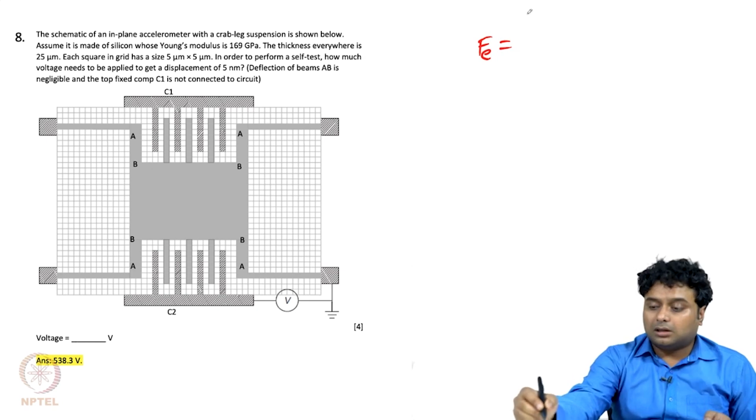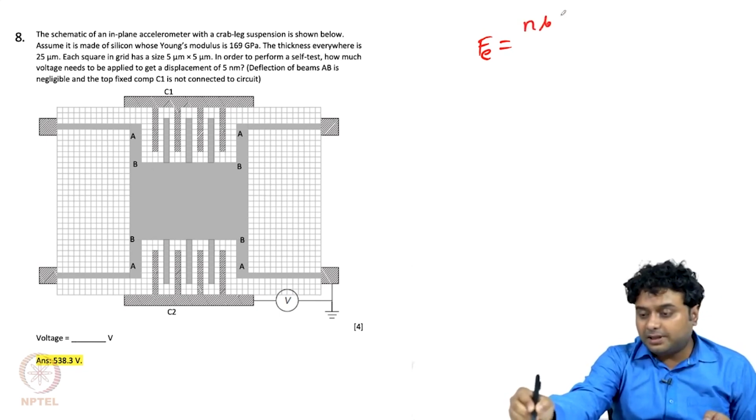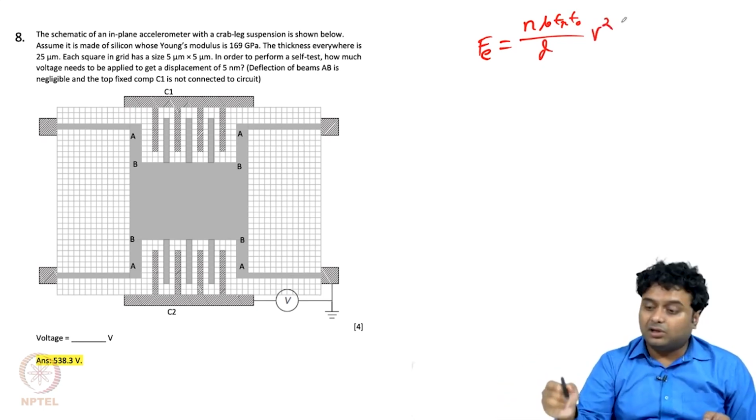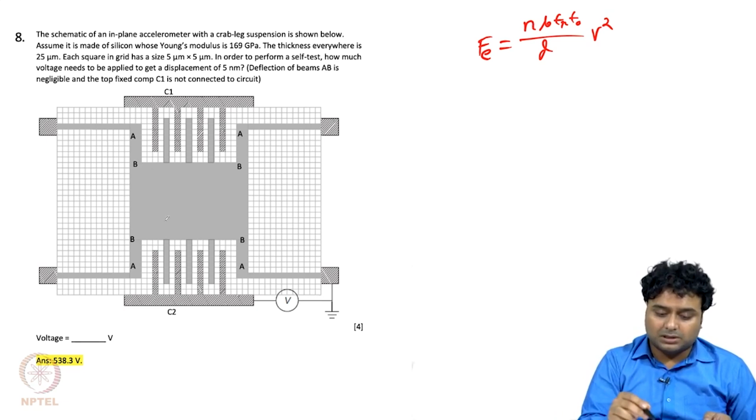The electrostatic force for this kind of comb actuator is given by N b epsilon r epsilon naught divided by d into V square, where V is the applied voltage and N is the number of combs present on the dynamic mass or the proof mass. So the proof mass here has 3 combs on each side, so a total of 6 combs.